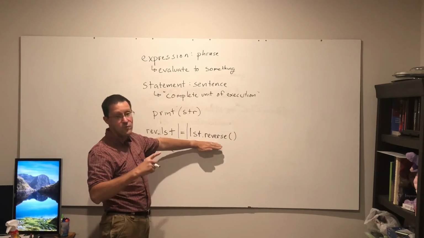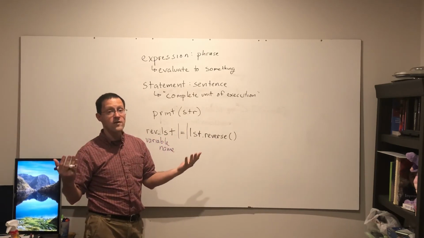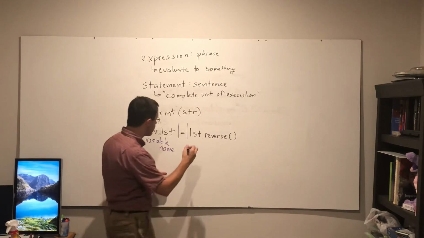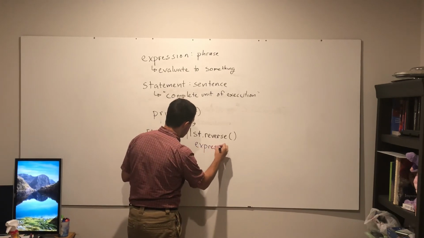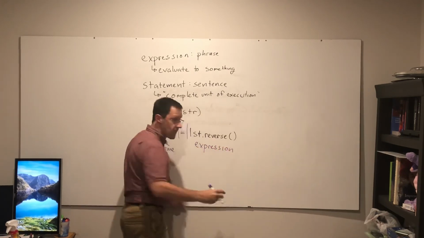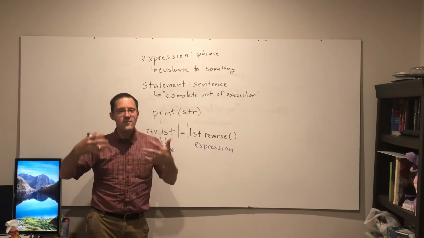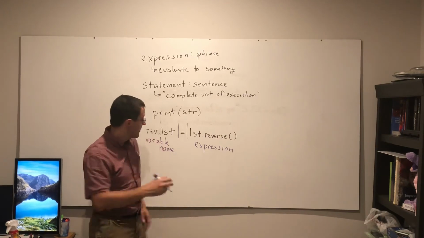What comes to the right can be very broad, it just must be an expression. It has to evaluate to something. That something is what goes into the box for that variable name.